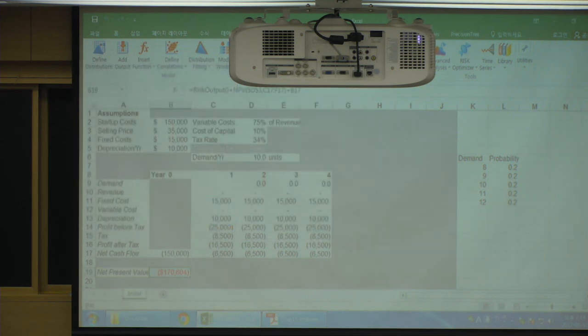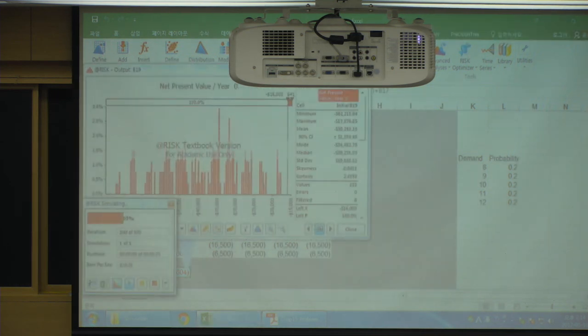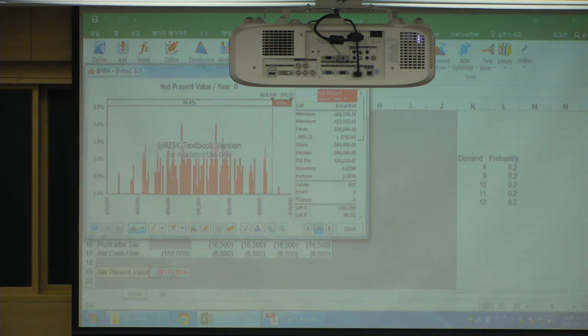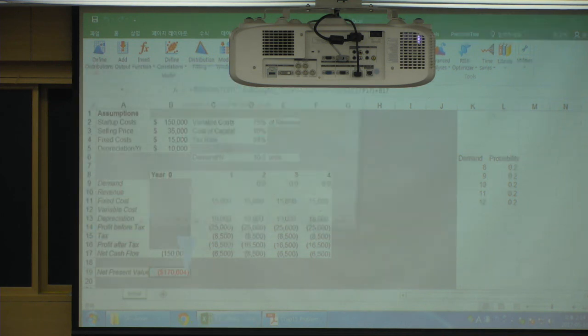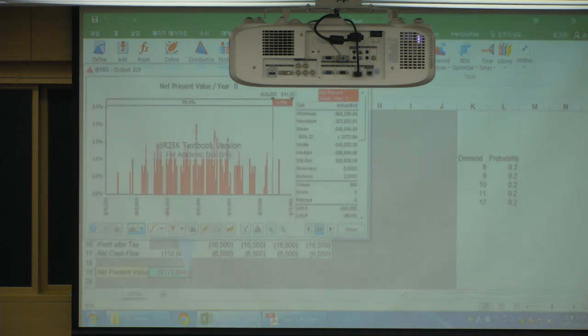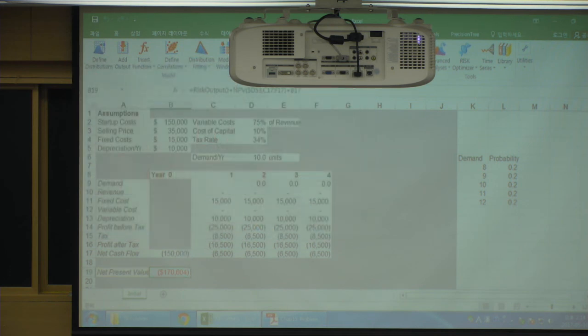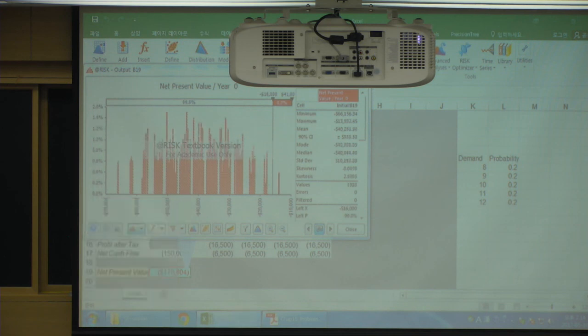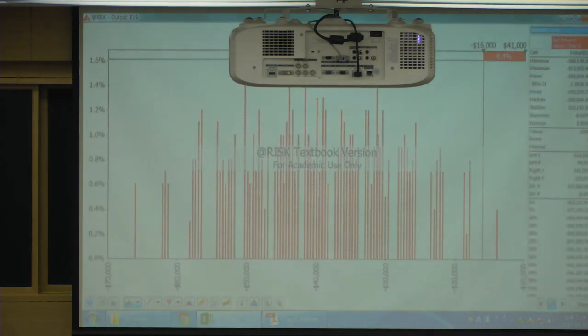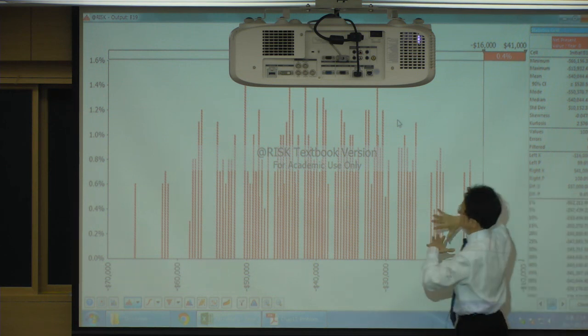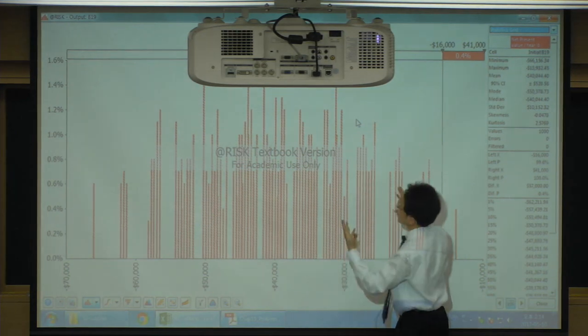I think this is not good, so let's do it again. It's not good either. Strange. Okay, whatever. You do the simulation, and if you have more iterations, it can give you more detailed pictures.